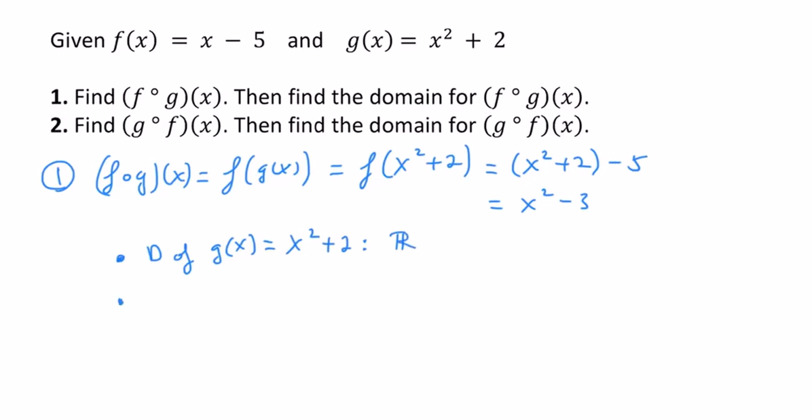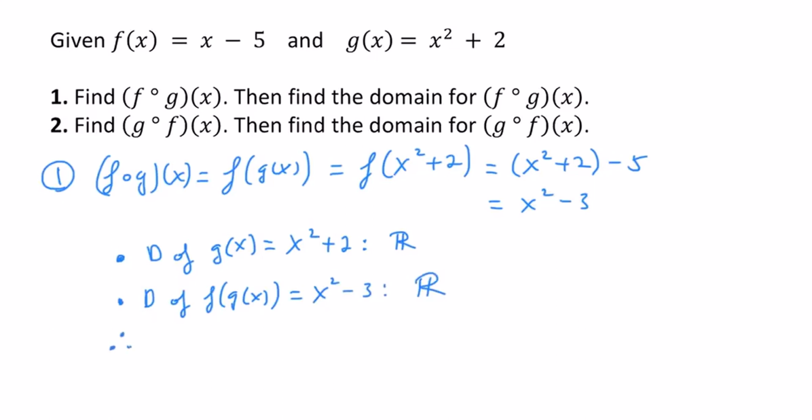The second step is to get the domain of f of g of x, which is the domain of what we found, x squared minus 3. With this again, there is no fraction, there is no square root, so this is all real also.